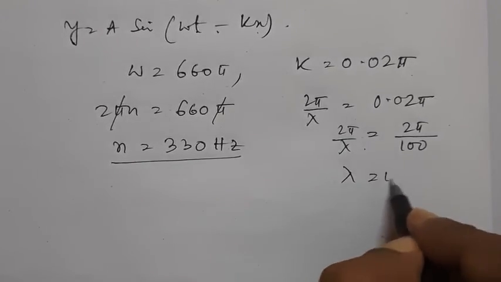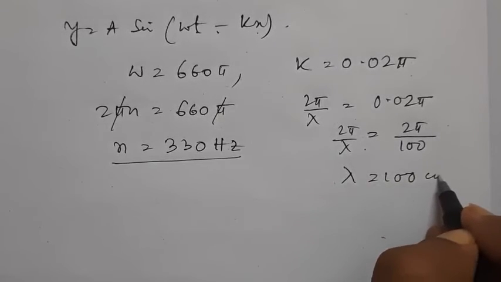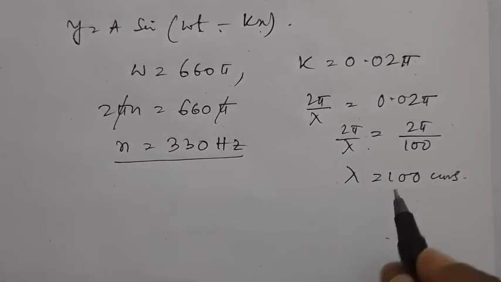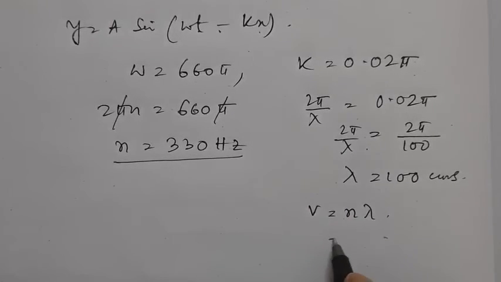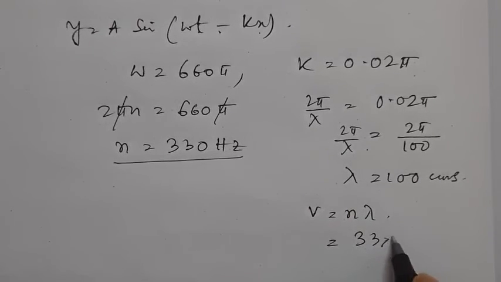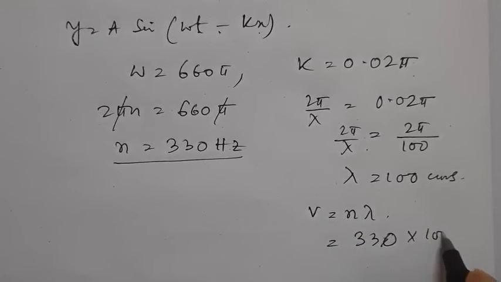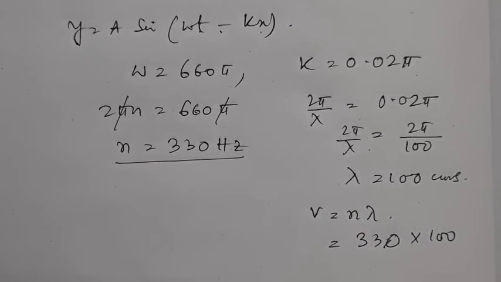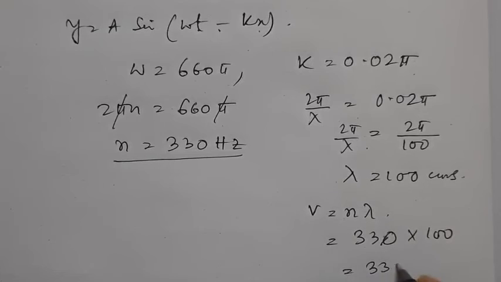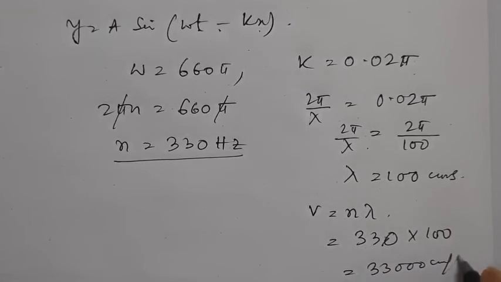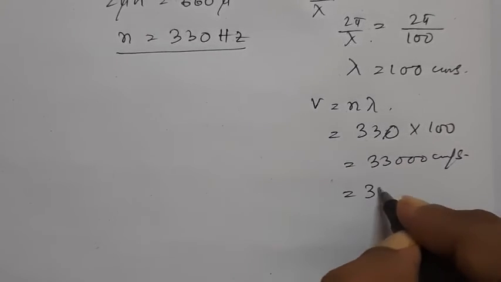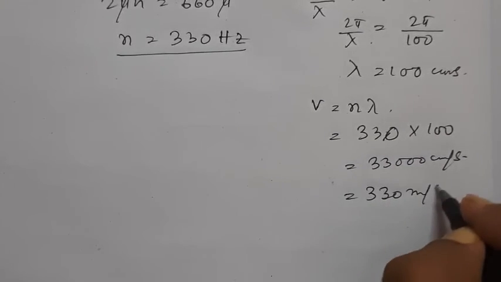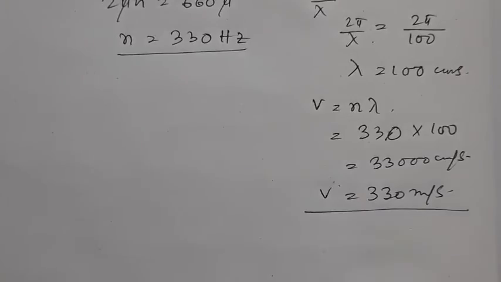So what is lambda? 100 centimeters. Now we all know the formula v is equal to n lambda. So n is 330 into 100. So it becomes 33000 centimeters per second, and to shorten it we can write 330 meters per second. So v is equal to 330 meters per second.